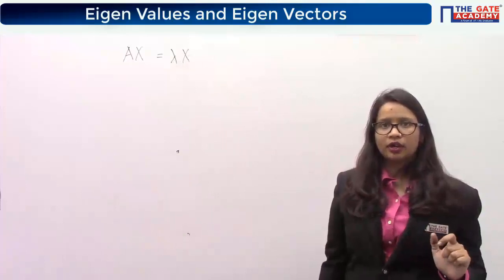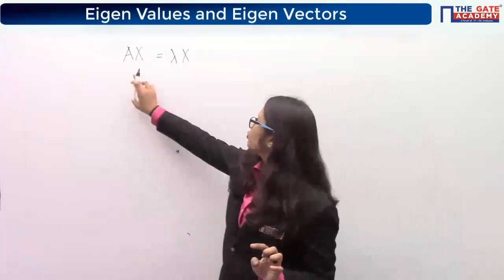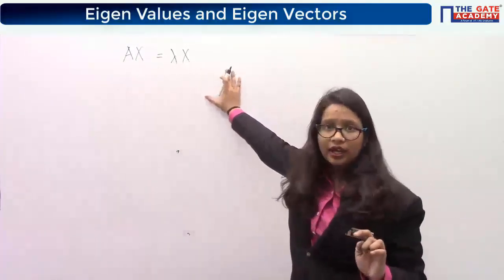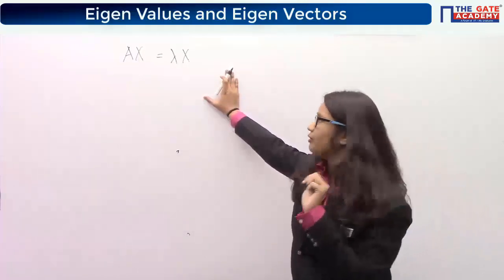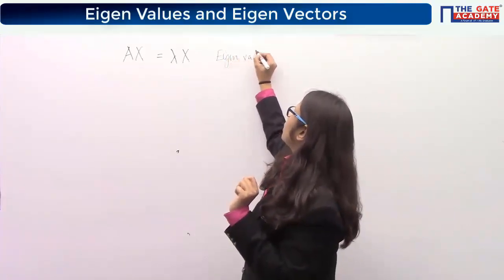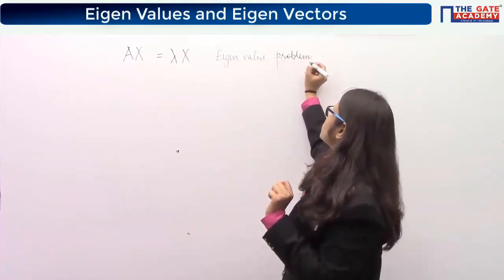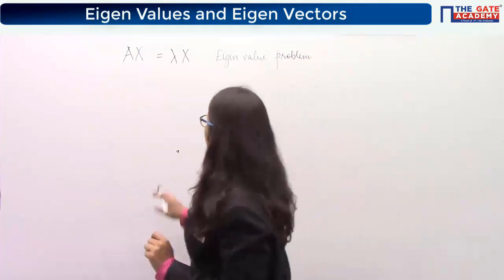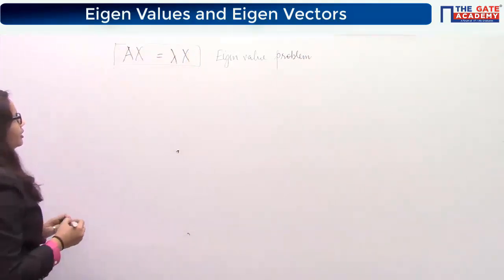In conclusion, if you multiply some vector x with the matrix A and as a result you get an output vector that is a multiple of your initial vector, then this is known as your eigenvalue problem. So we will use just this equation, a very important equation, Ax equal to lambda x.